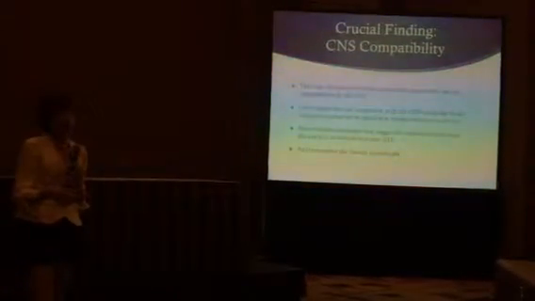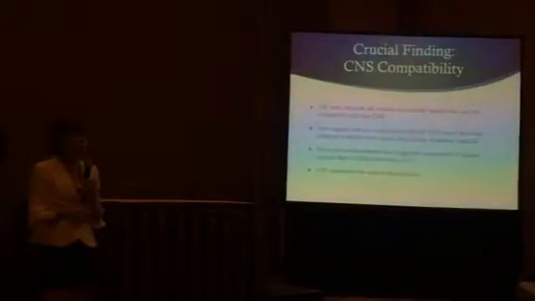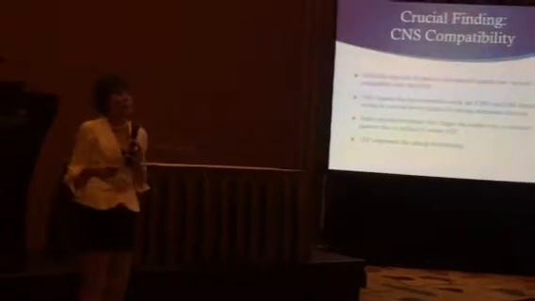Well, here is the trick. If a signal is compatible with the central nervous system, then it can form synapses and reach the brain. But if it's not in sync with the nervous system, it will discard it. So you cannot just throw in any signal and get the same effect.